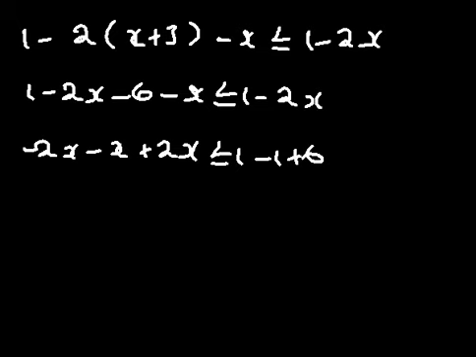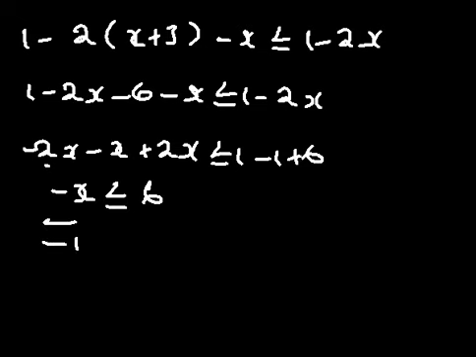But when we are dividing both sides by a negative, that's when the sign has to change. So we have negative 3x plus 2x, that will be given as negative x less than or equal to a positive 6.